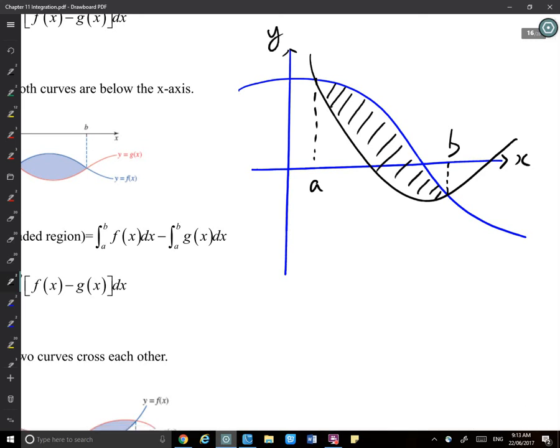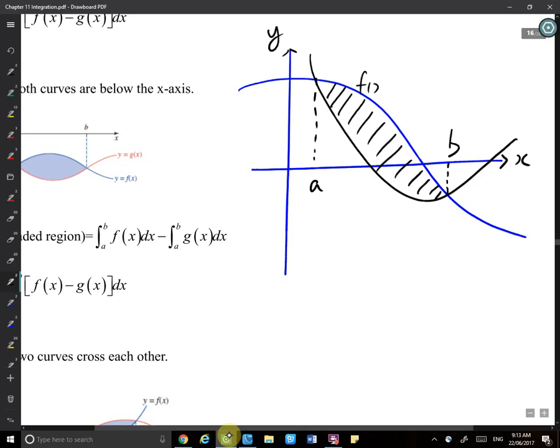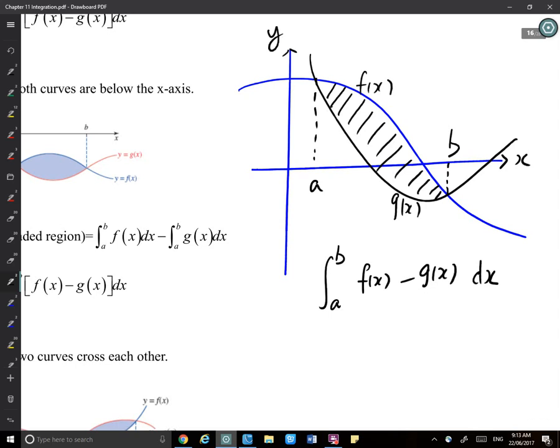It's still like this is fx and that is gx. You still use A to B, fx subtract gx. Doesn't matter where the x-axis is, you just see which graph is on top of the other one. Use the upper one, subtract the lower one, and then integrate from the point they start to the point they finish.